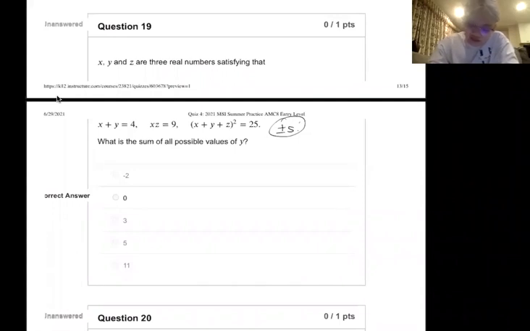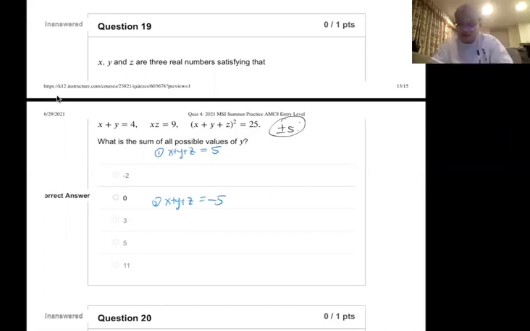So there are 2 cases. One is x plus y plus z equals 5. And the other one is x plus y plus z equals negative 5. Don't forget there will be a negative when you solve a square number, okay?